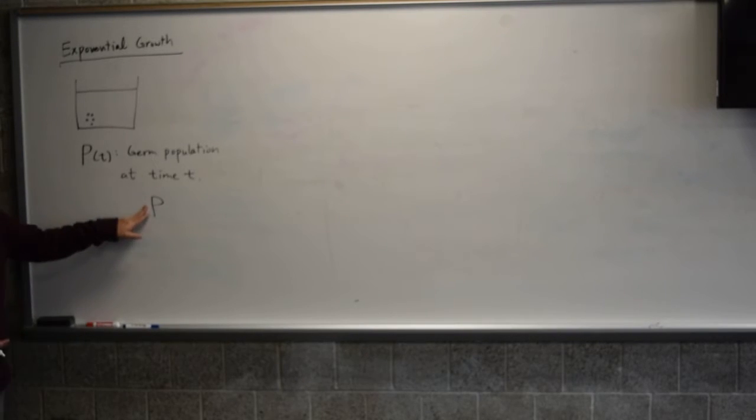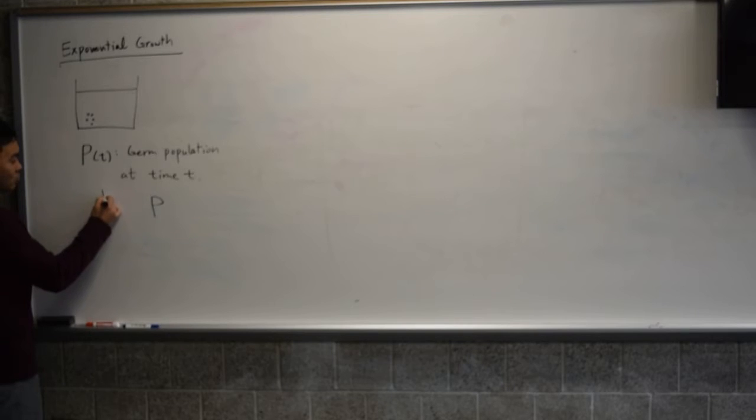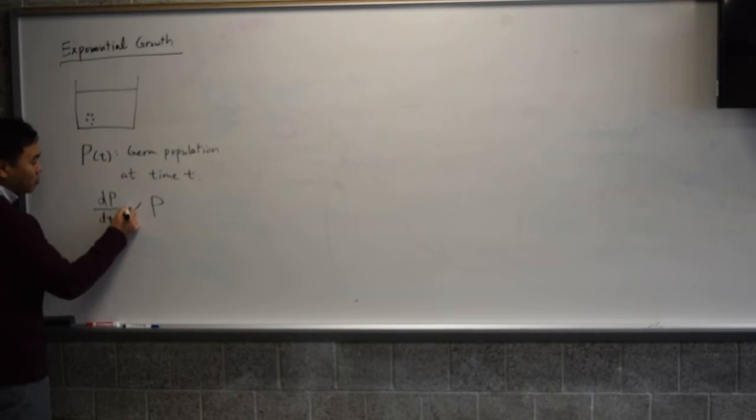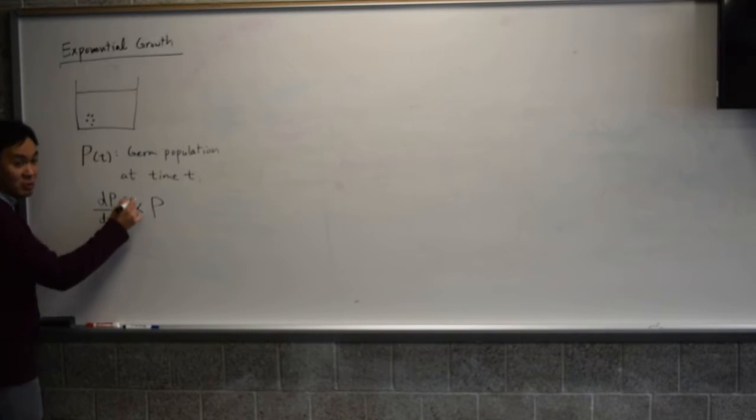If you have a large population, it's going to be growing faster compared to when you have a small population, right? So you can write down the equation this way. The rate of change of the population with respect to time is proportional to how much population you already have. This symbol means it's proportional.